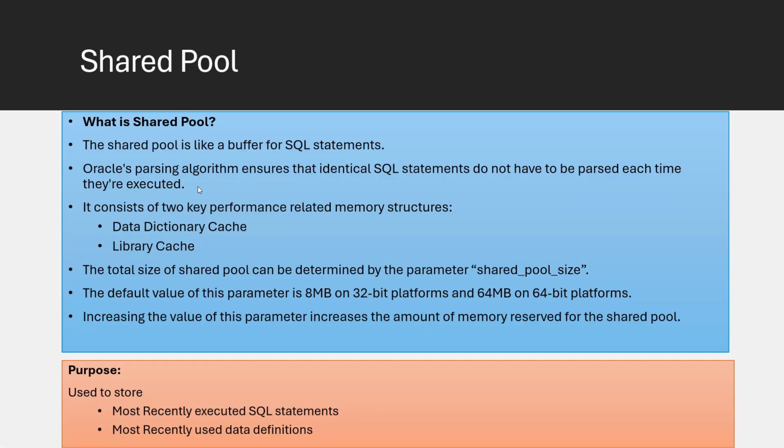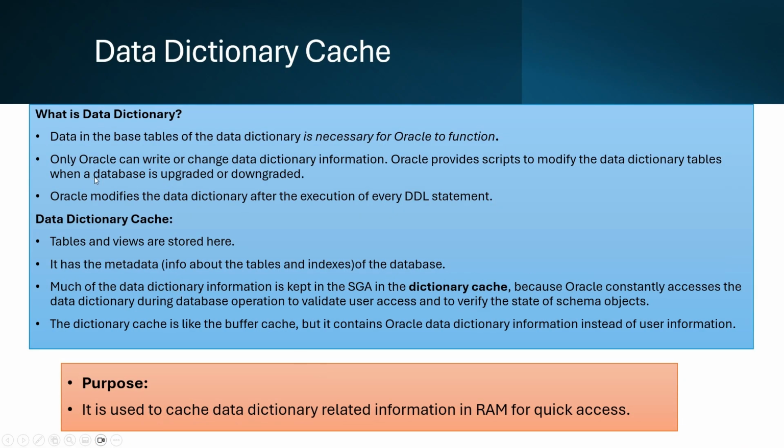The semantic check will be checking that. Okay, and again as I told you, it has two key performance related memory structures: data dictionary and library cache. So the purpose of this shared pool is to store most recently executed SQL statements and most recently used data definitions.